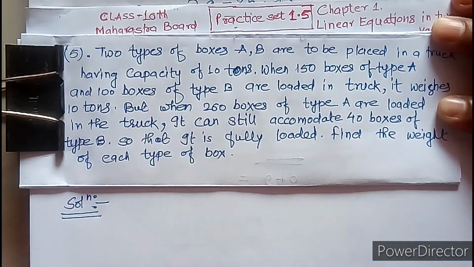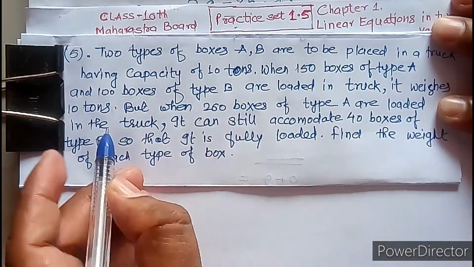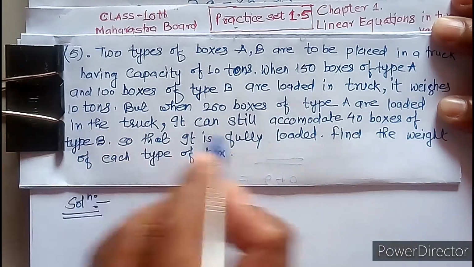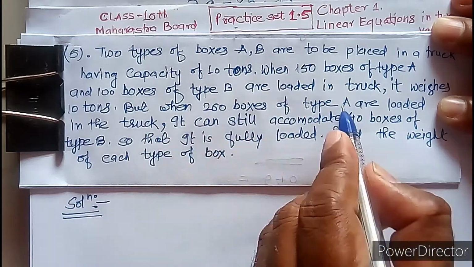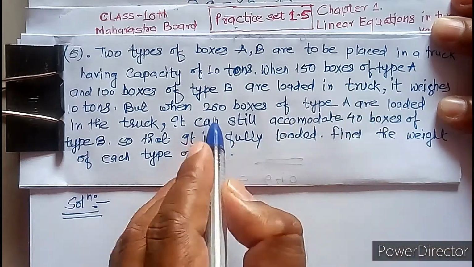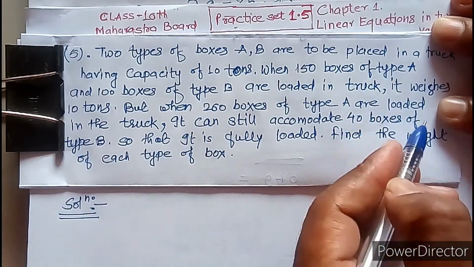Means after loading 150 boxes of A type and 100 boxes of B type, the load of this truck is 10 tons. The second condition is that when 260 boxes of type A are loaded, space remains only for 40 boxes of B type.